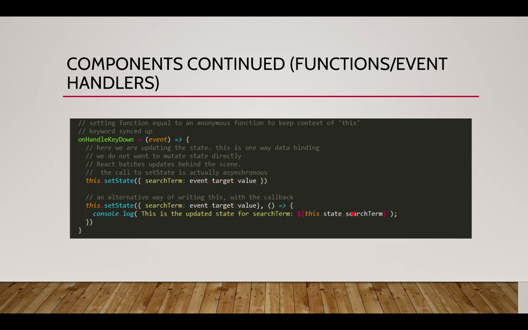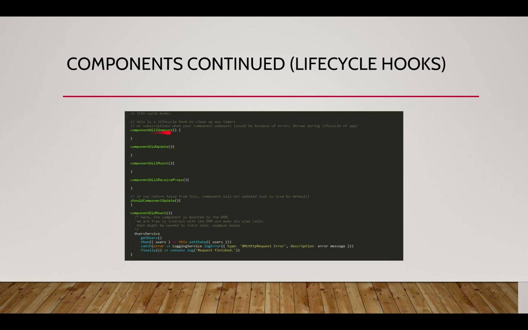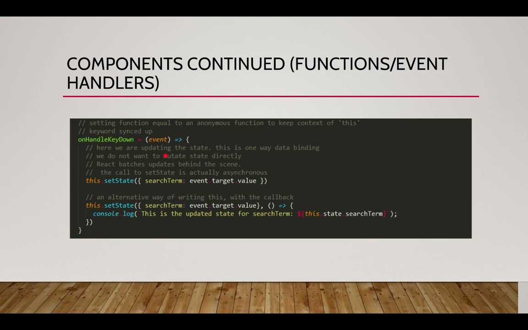So let's look at an event handler. This syntax might seem a little weird given that these are just class functions. But here we're setting a function equal to an anonymous function. The reason we do this, as we'll see below, is we want to keep the context of this relevant to the component itself.